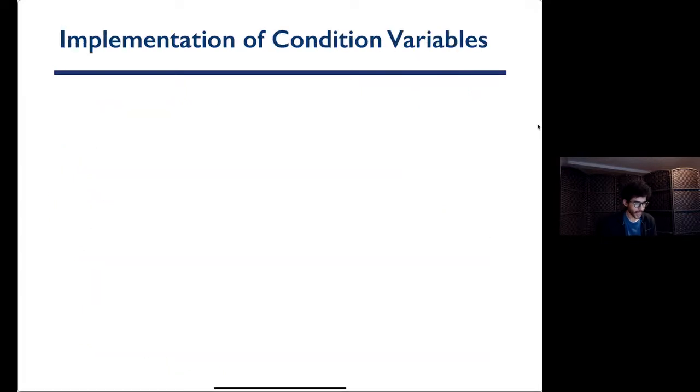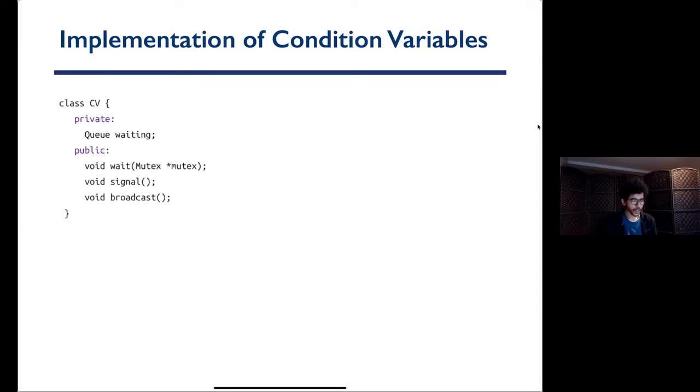Okay, now with all of that, let's look at the implementation of condition variables. So this is my class CV, condition variables. It has a single private element, and that's the waiting queue where we're going to put the threads to wait. It has three functions: wait, signal, and broadcast.